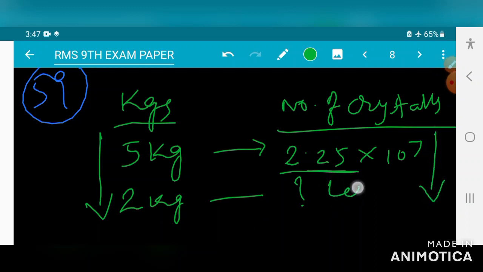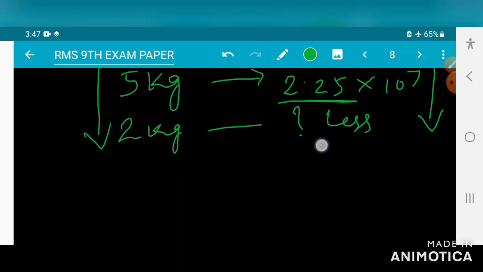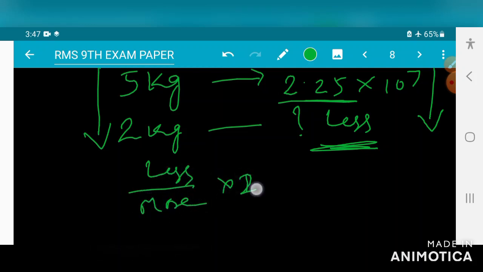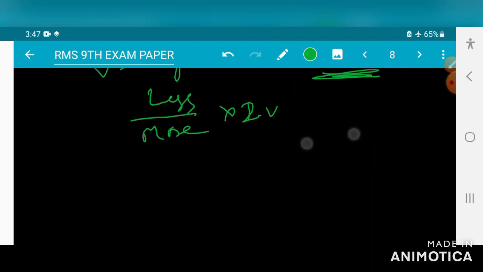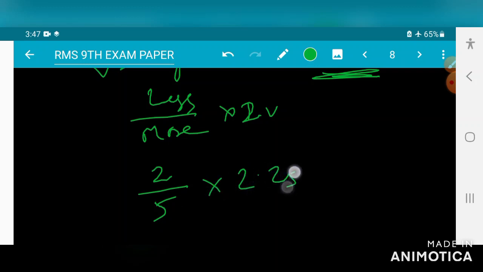So in comparison, there will be a less value or less crystals. When the less comes, our formula is less by more into individual value. What is less here? Less is 2 kg, more is 5 kg, into crystals is 2.25 into 10 to the power of 7 crystals.